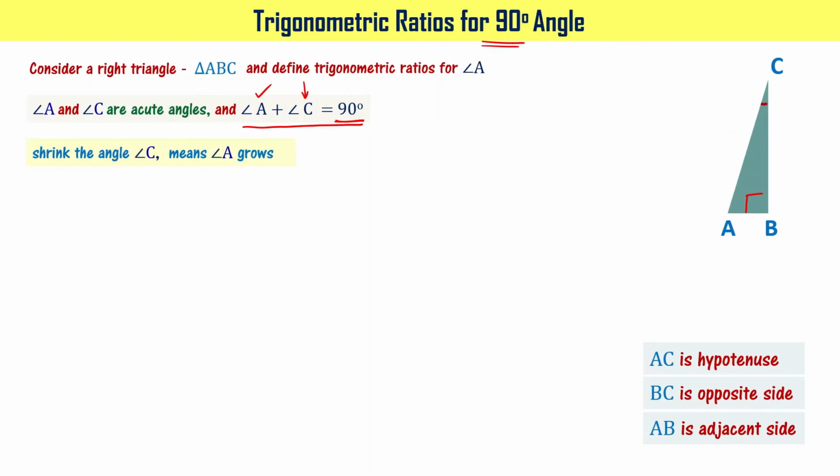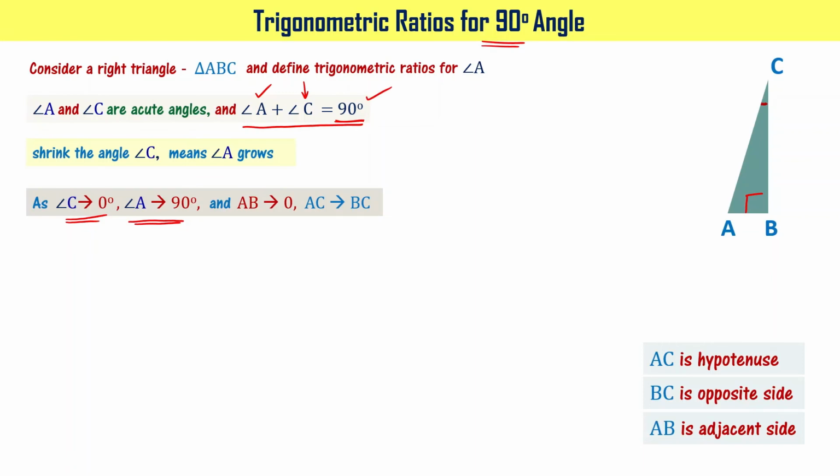Now, what you can say, when angle C goes to 0 degrees, angle A is going to 90 degrees because angle A plus angle C equal to 90 degrees. And from the figure, you have seen that as angle C is going to 0, AB is shrinking, right? It means it is going to 0. And AC is going to be equal to BC because line AC falls on line BC when angle C equal to 0, right?